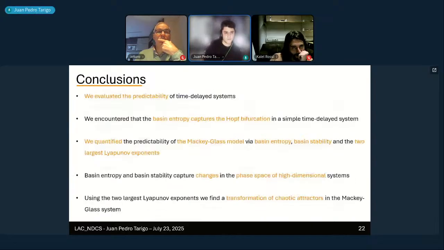So to conclude, we evaluated the predictability of this type of systems. We found that Bayesian entropy captures the Hopf bifurcation, but it does not capture the Pitchfork bifurcation, and that is the same case in non-delayed systems.